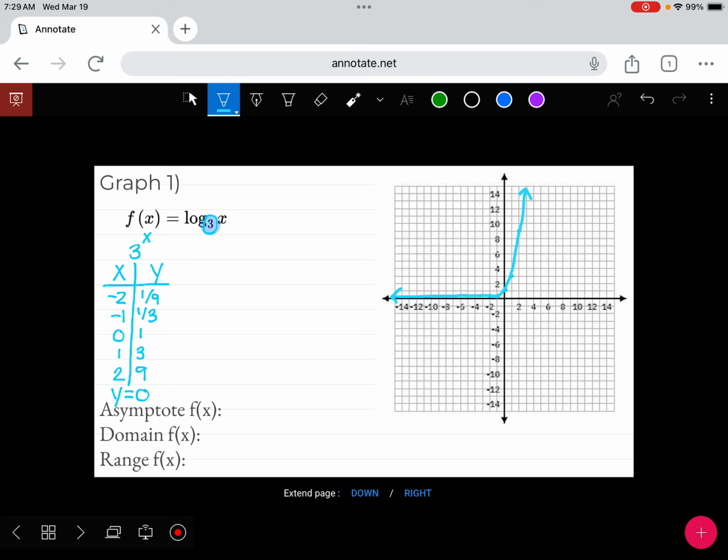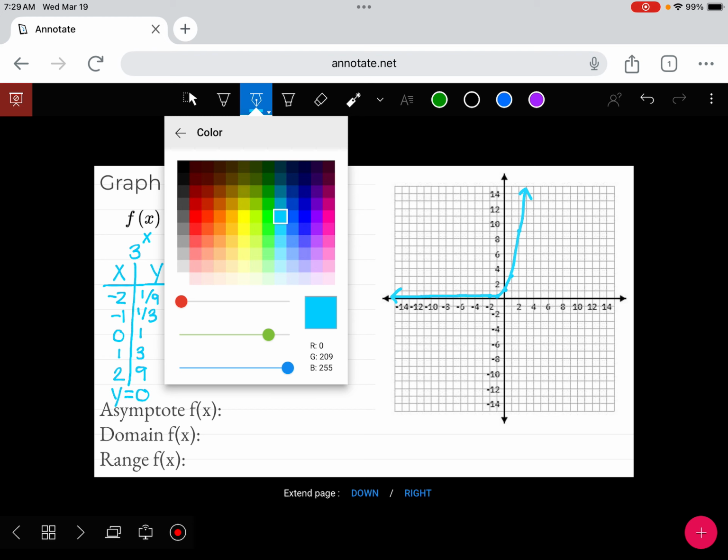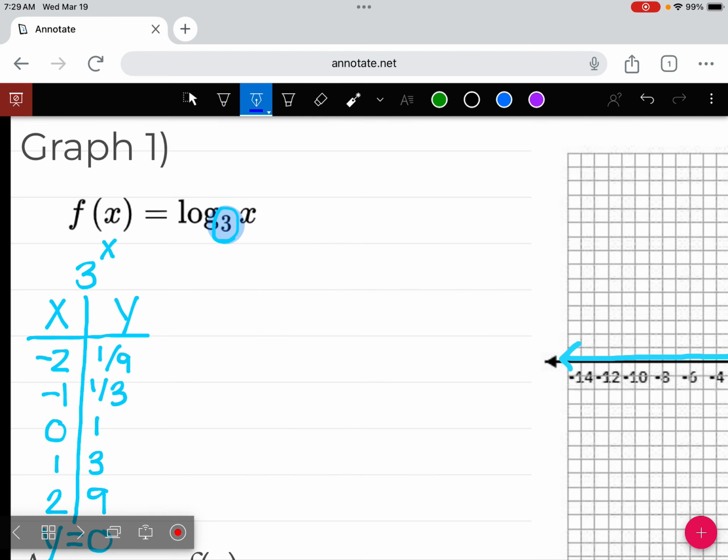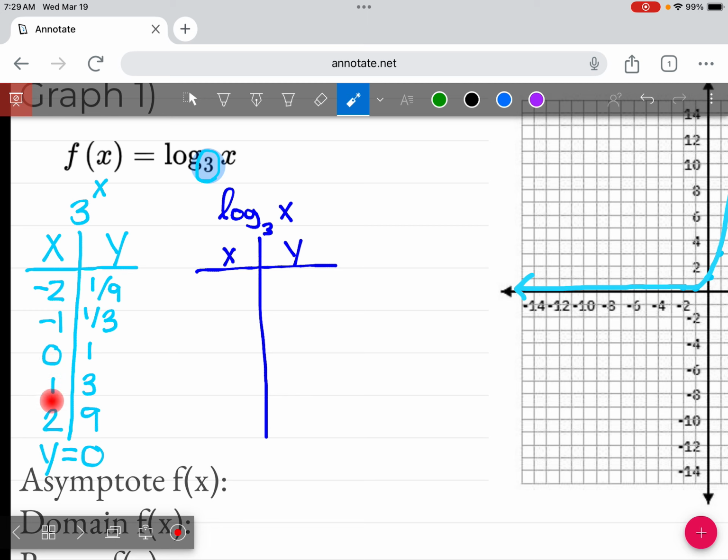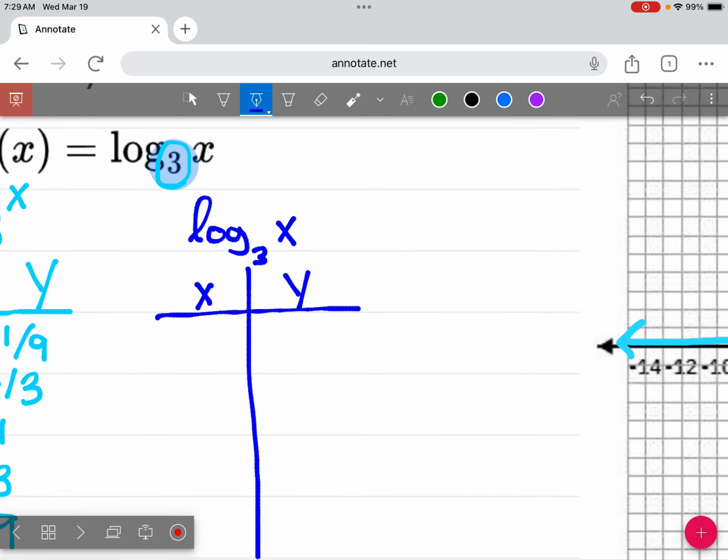So to find our table for our log base 3, I'm going to get a dark blue now. For our log base 3 of x, we take the inverse of the table we just made. So what was the x's becomes my y.